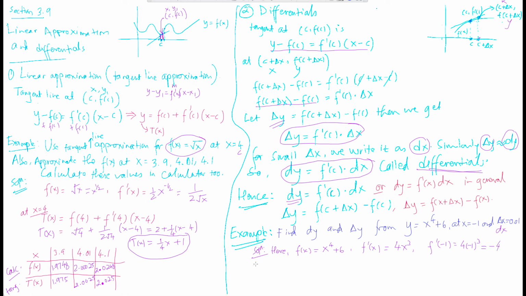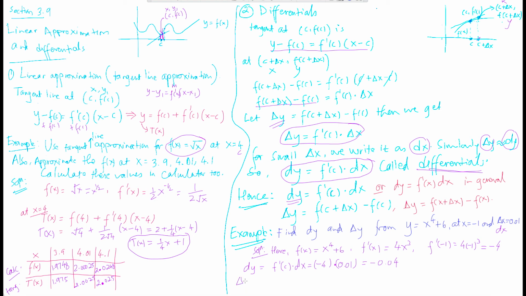So therefore dy is given as f prime at c times dx, right? So f prime of -1 is -4 times dx, which is 0.01, right? If you plug in the values, you'll get negative 0.04. This is dy.